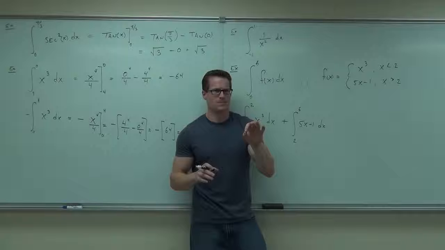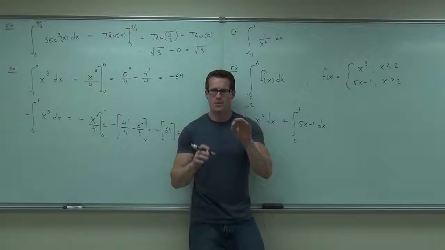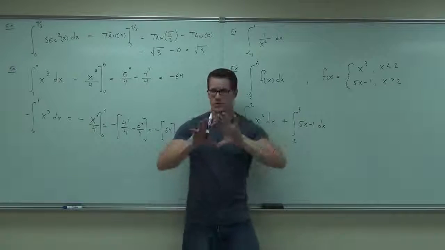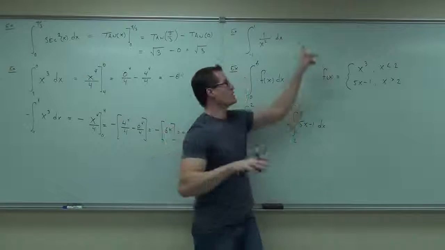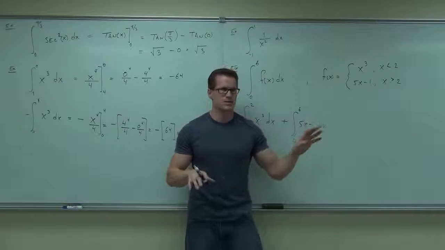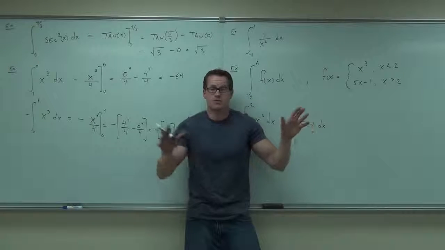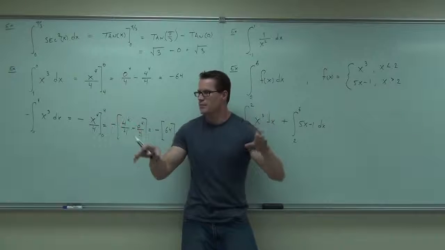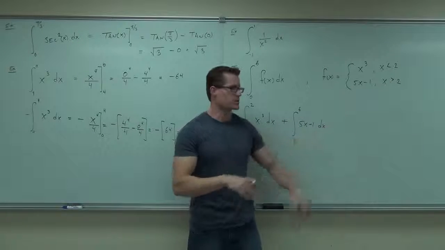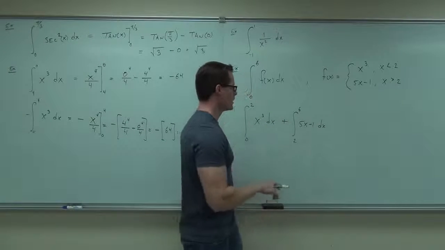I don't know if I stated it word for word the way the book does, but in order for that property to work, the ability to split up the integral, it's got to be continuous. That's another reason why this one would fail. That's not continuous. Do you get that? So you couldn't even split up to begin with. It's got to all be there. You have to have the ability to break it up. That's the only way this works. Otherwise, you are missing points, like you pointed out. Great question.